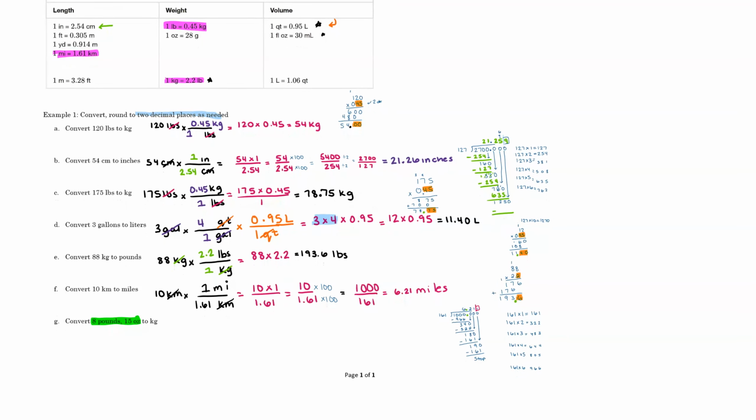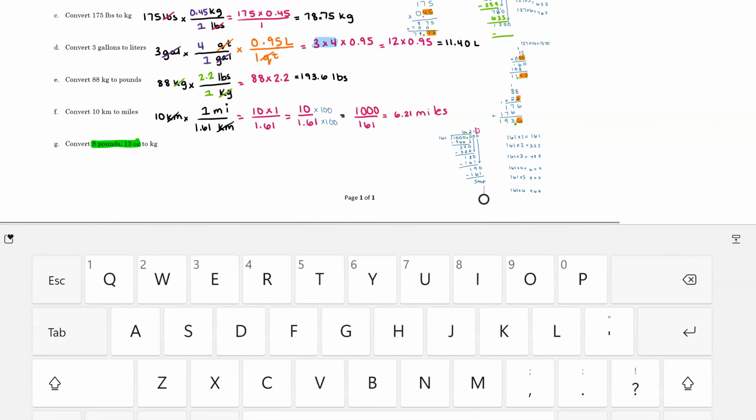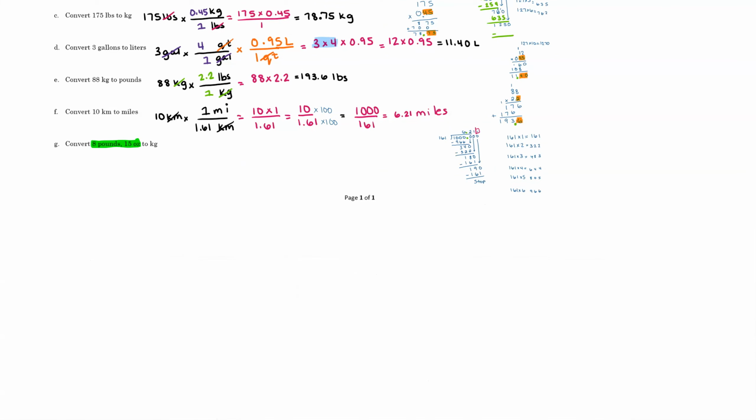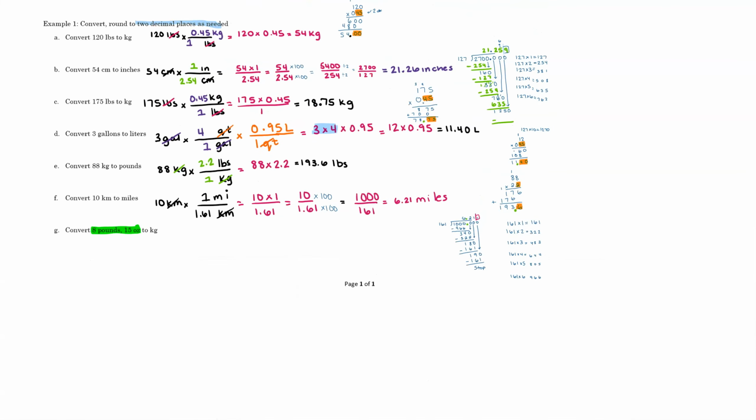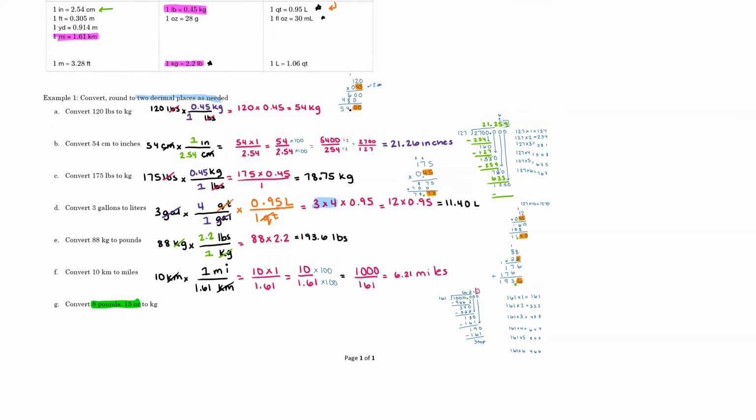Let's change everything to ounces and then change it to grams and then to kilograms. Why do I say that? Well, because changing from grams to kilograms is just adding or deleting zeros. We'll have to see on the chart which way we go.